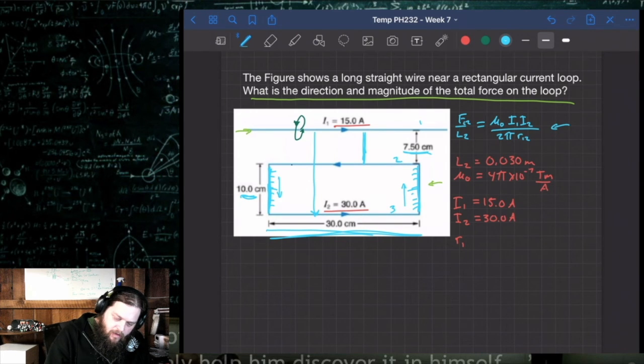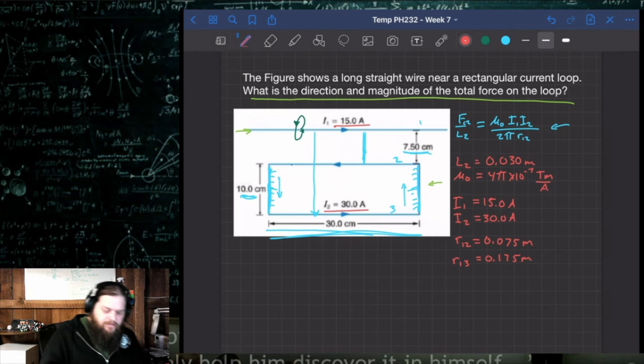R1 to 2 is equal to 0.075 meters, and R1 to 3 is going to be equal to 0.175 meters. So that's just the distance here and the distance all the way down. Draw it there.